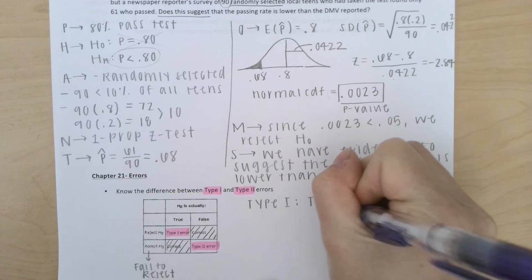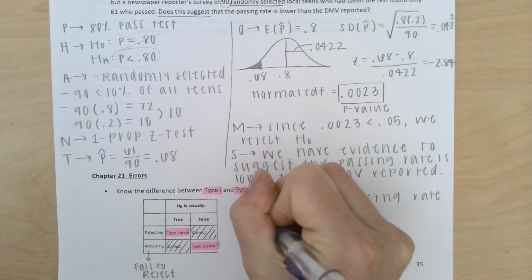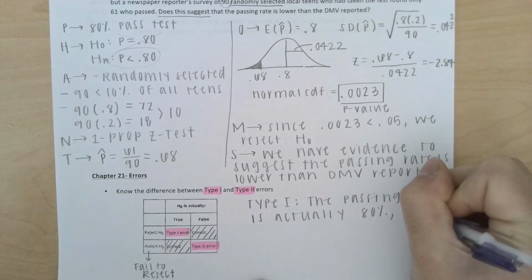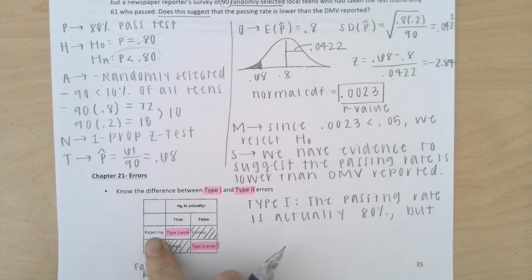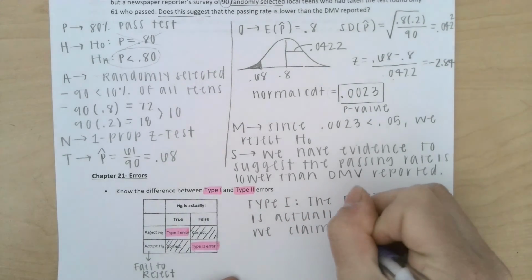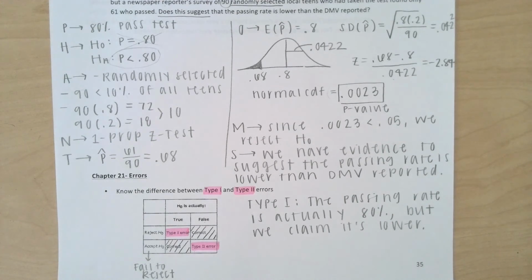So I would start with saying the passing rate is actually 80%, but we are going to reject the hypothesis, so we say that it's lower. So with a type 1 error in this case, the DMV would be accurate in their results, saying that 80% passed, but we're going to come out and say, no, I ran a test and they are false. It's actually lower, which would be wrong.